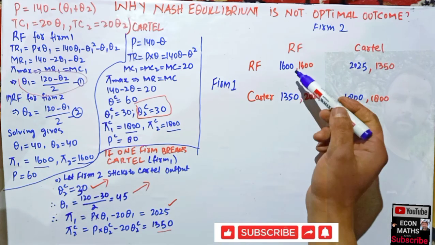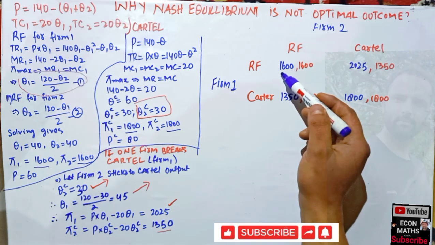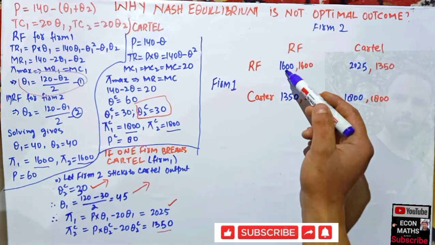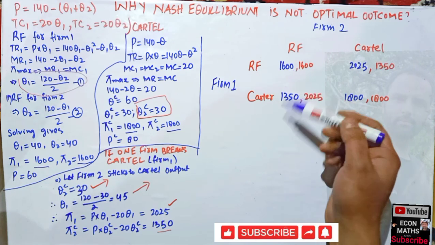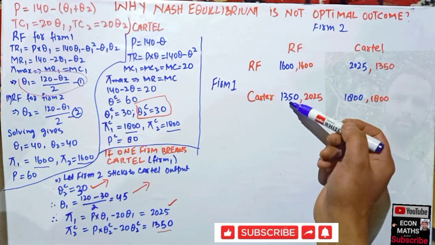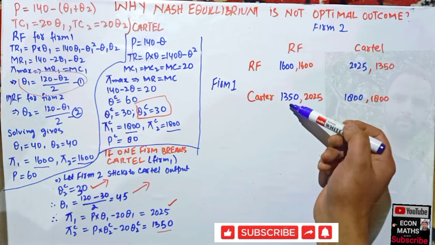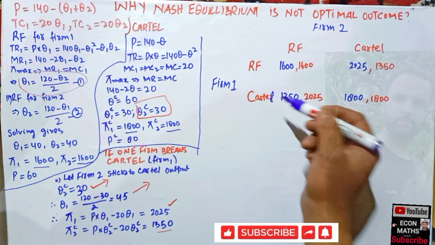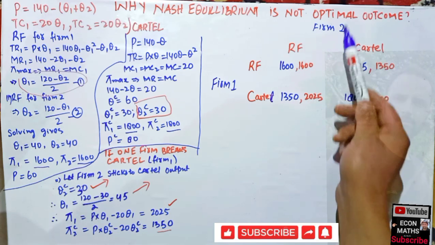Let us say firm 1 chooses to produce according to the cartel. Then he gets less profit than if he produces according to his reaction function. Similarly, similar is the case for firm 2.